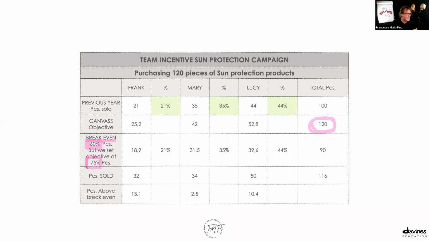So I'm going to set as an entry level 75%, which, 75% of 120, gives me the objective of selling 90 pieces, which again, 90 pieces distributed to the 3 guys here is going to be 39 for Lucy, 31 for Mary, and 18, 19 for Frank.